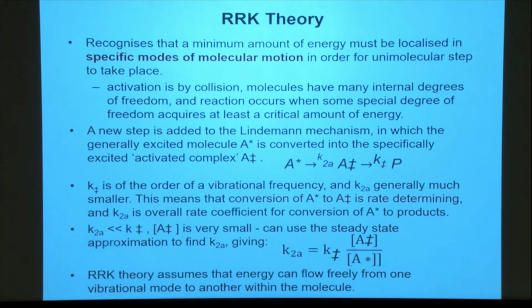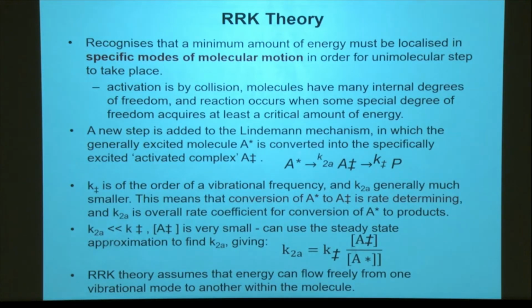And then we move on to RRK theory. In this extension, we're now looking at energy being localized in specific modes of molecular motion for that unimolecular step to take place. So now we're looking at the orientation of the molecules as well. The molecules have many internal degrees of freedom, and the reaction will only occur when some specific degree of freedom acquires the critical amount of energy.